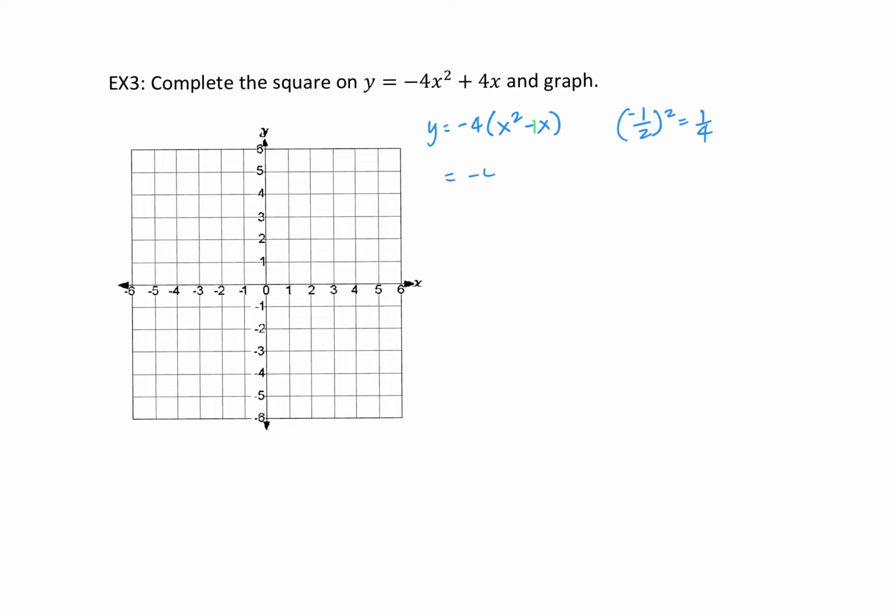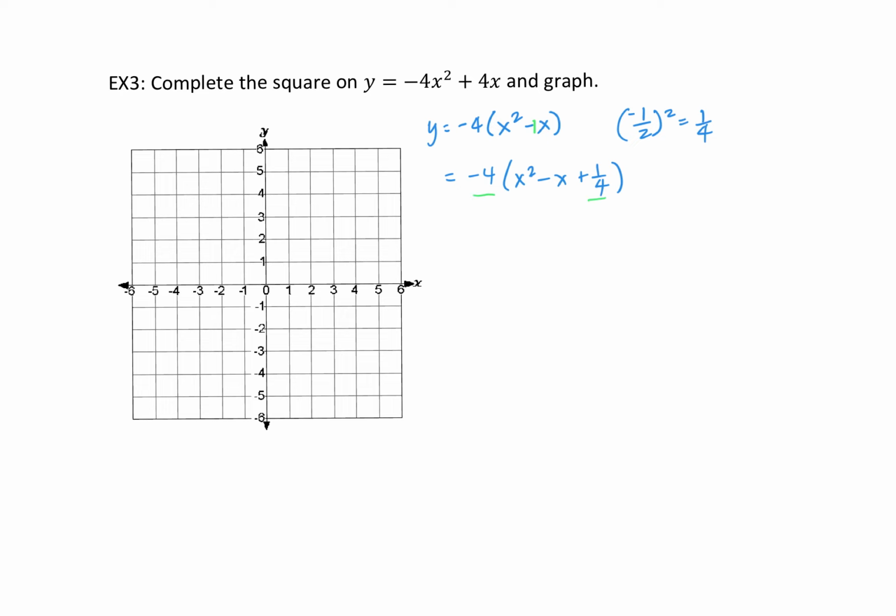So this is going to be -4 times x squared minus x plus 1/4. So I added 1/4 in, but I need to subtract that 1/4. However, I have the -4 in front.